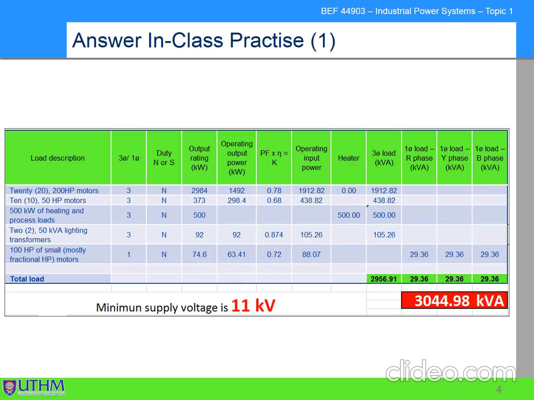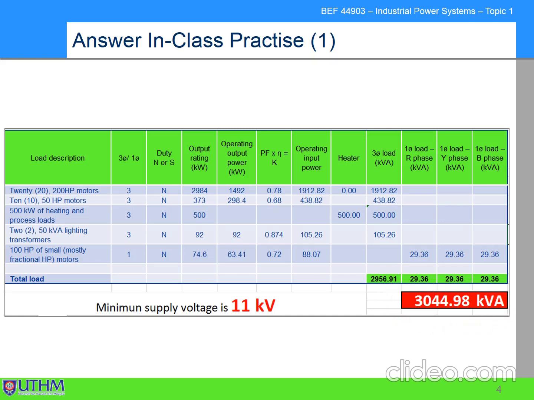To get the operating input power, you have to divide the operating output power by the K value. Then we divide by 3 to get the single phase value. So we have to total all the kVA values, and the total is in the red one. This is the total kVA.